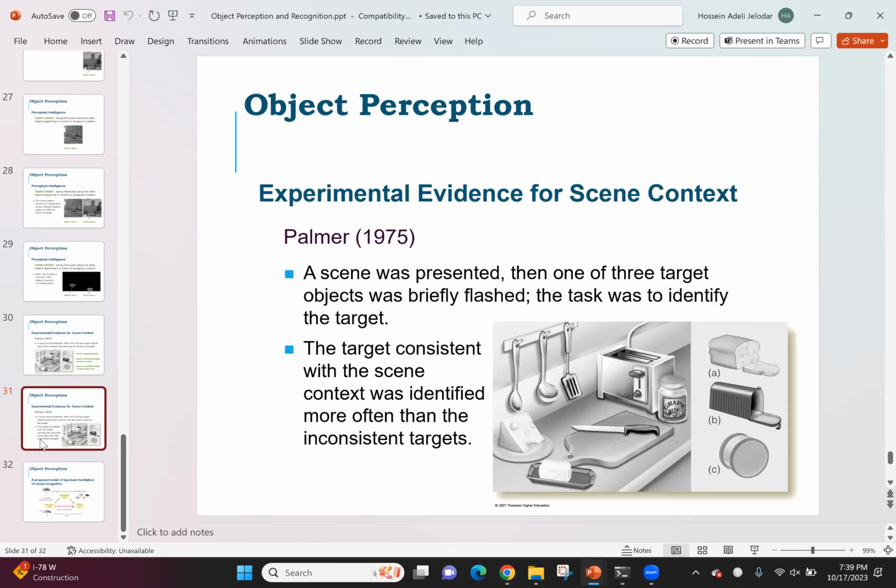That means your pathways are more receptive to scene consistent visual input, because you have these sorts of pre-processing. When you're perceiving the context of the scene, you're more likely to perceive something that is consistent with that scene. So you're more likely to recognize a new object if it's consistent with that, because that's your expectation.